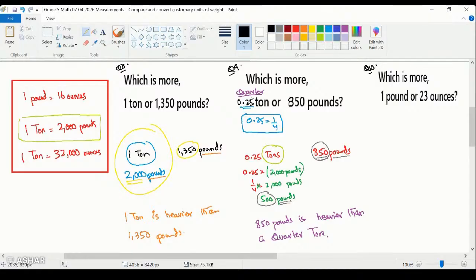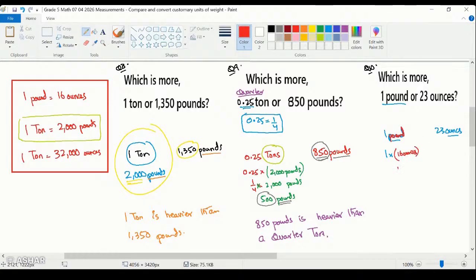We know a pound is a greater unit, and each pound is equal to 16 ounces.